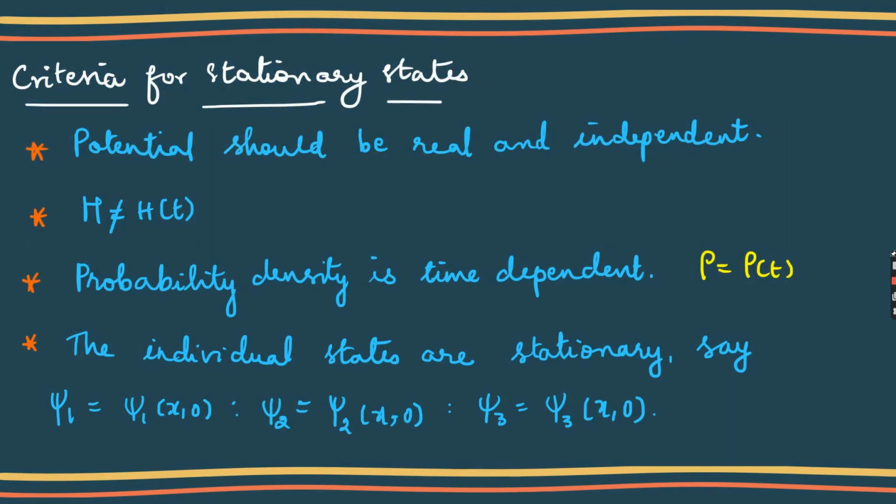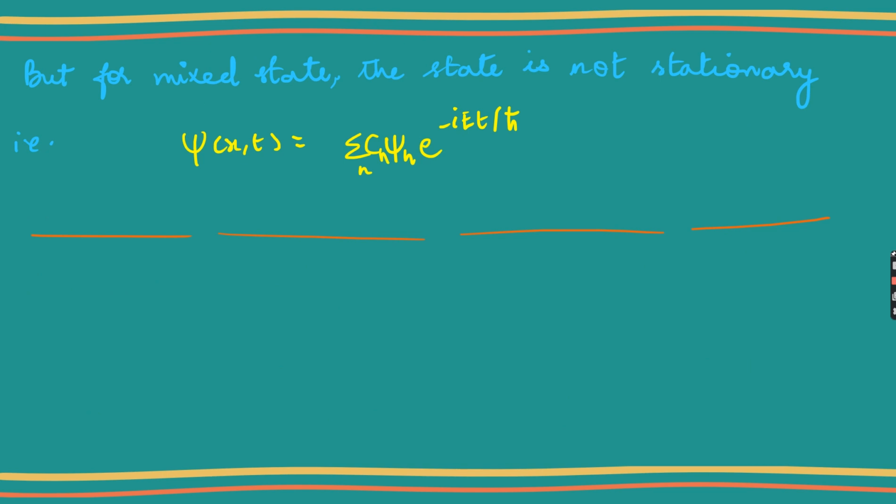So even if the individual states psi1, psi2, psi3 are all stationary wave functions, when I superimpose them and write the main wave function, then that wave function will not be stationary. When we collapse it, that particular wave function can be stationary, but the main wave function will never be stationary. So that much about the stationary state.